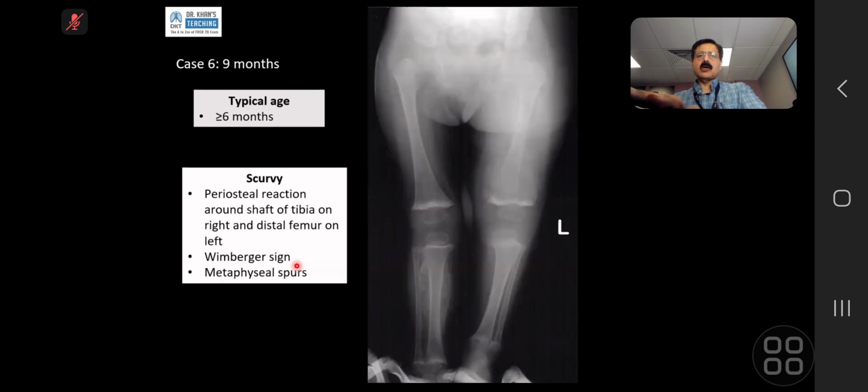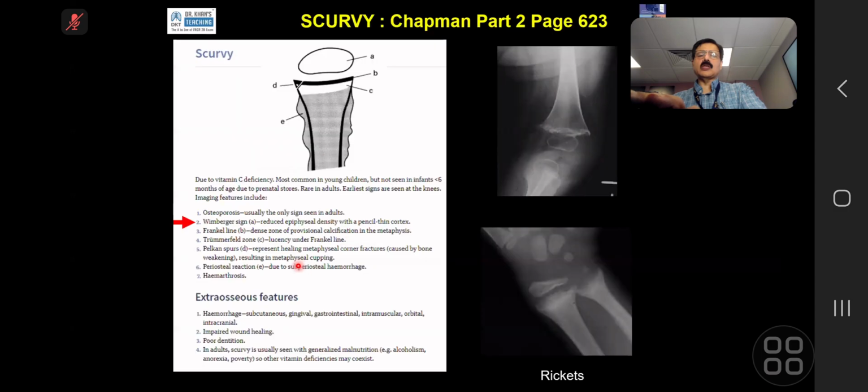Now, this is scurvy. Now, let's go to the next. This is from your Chapman, and this tells you Wimberger sign. You see, another Wimberger sign. That was syphilis, and this one is what? Wimberger sign, reduced epiphyseal density with a pencil-thin cortex.